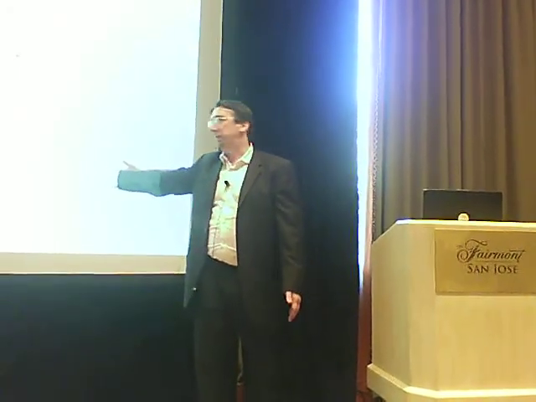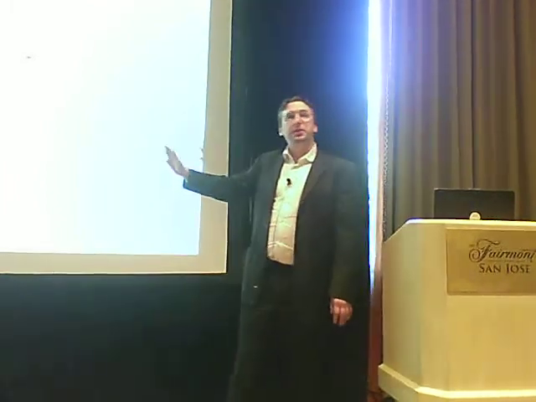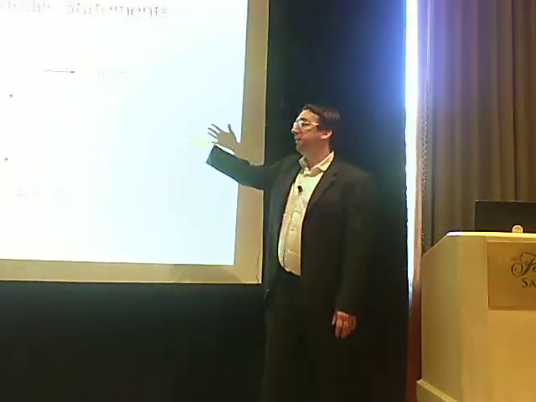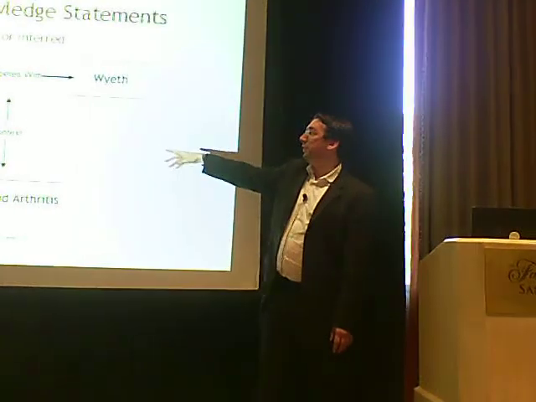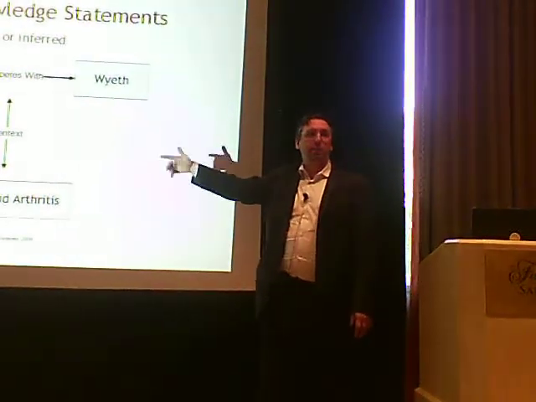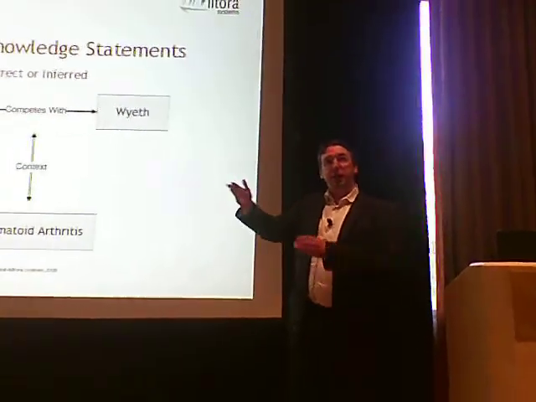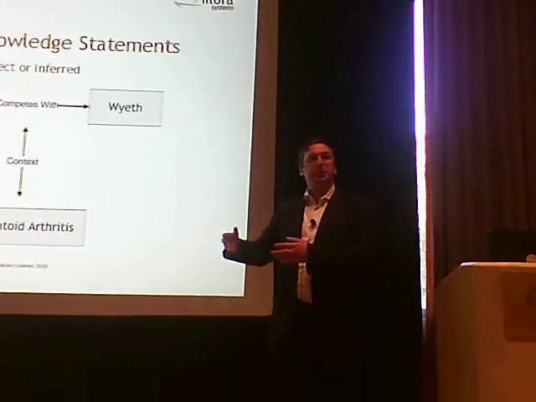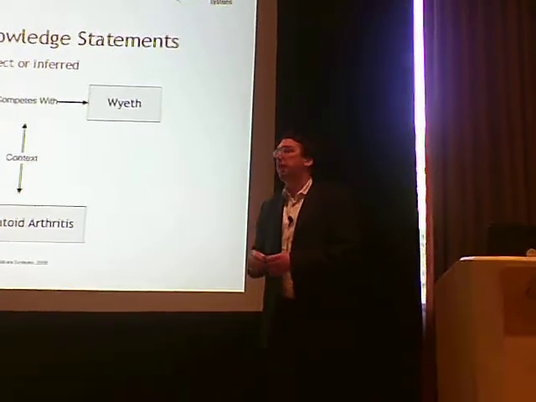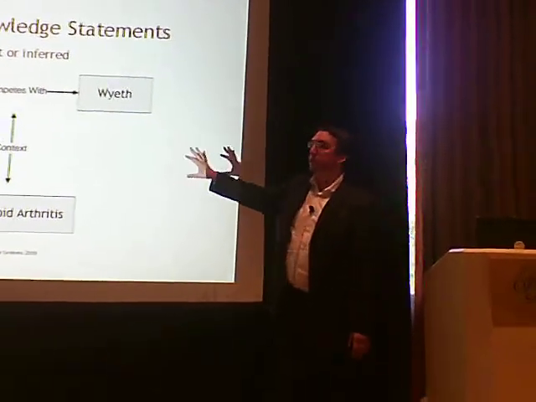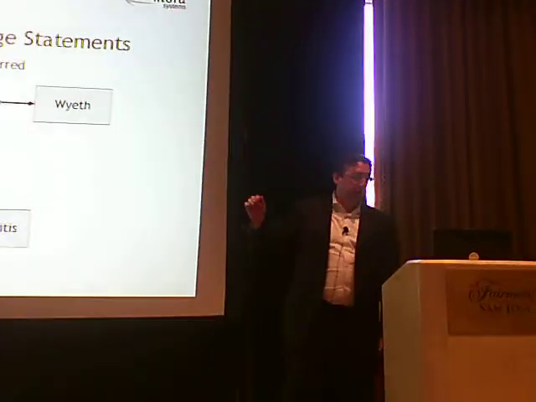In this case, the market of rheumatoid arthritis. This could be something that's directly stated, or it could be inferred. For example, you could have Abbott creates a product, that product treats a disease. Wyeth creates a product, that product treats a disease, and thus infer that because they're treating the same disease, they are in competition. So that's really the distinction between something that's directly stated or coming from an inference.